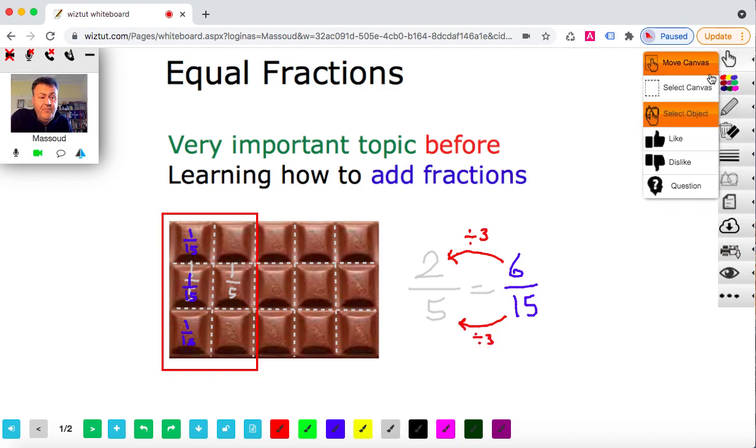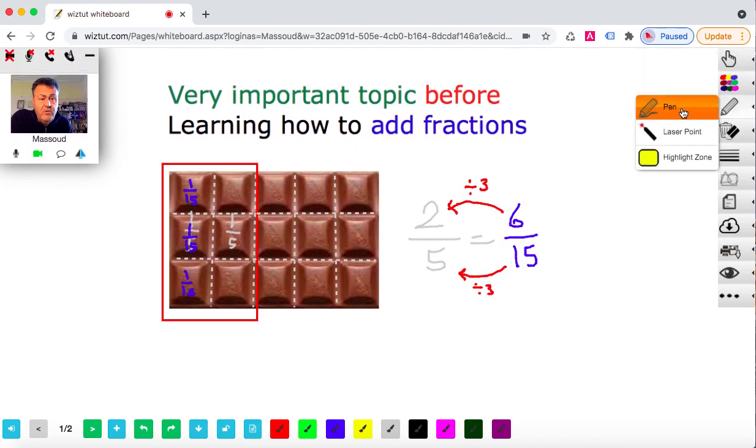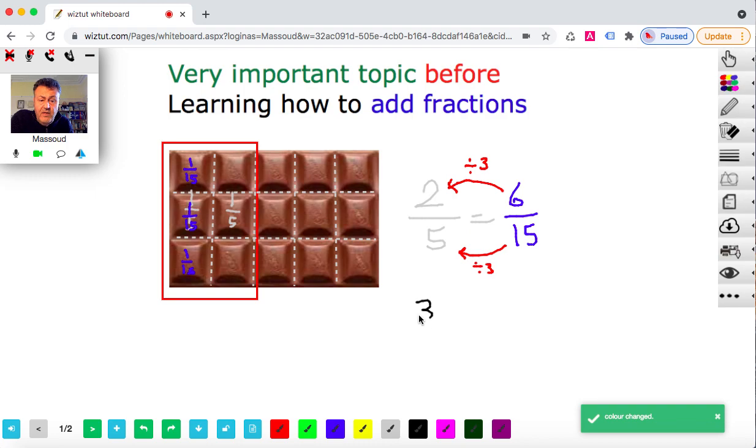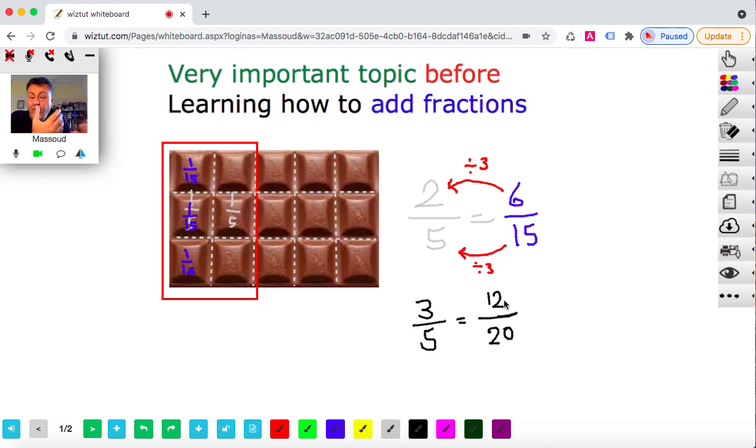And then you can really do some exercises with them. So for example, you could say, you've got 3/5, and what would that be equal to if this is turned into 20? Because the bottom has been multiplied by 4, the top has to be multiplied by 4, that will be 12. And practice this back and forth until they become fluent at it.